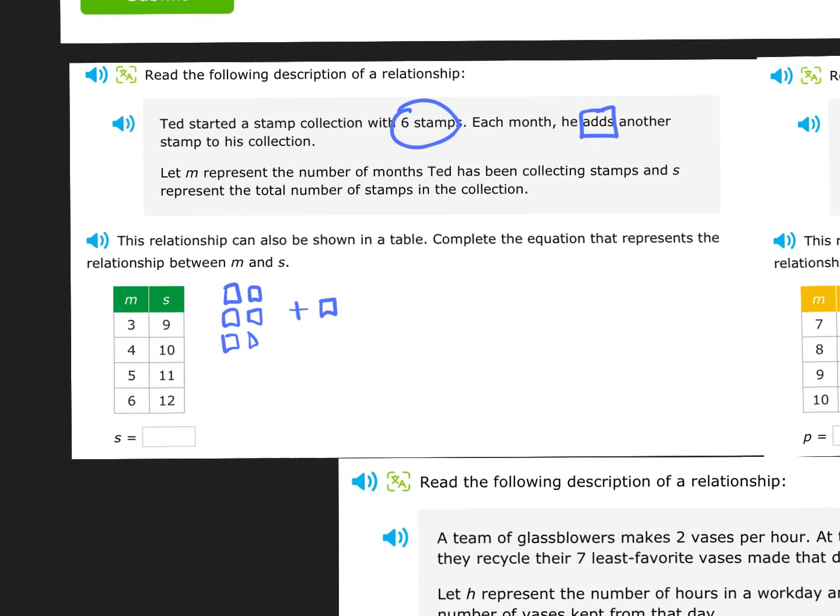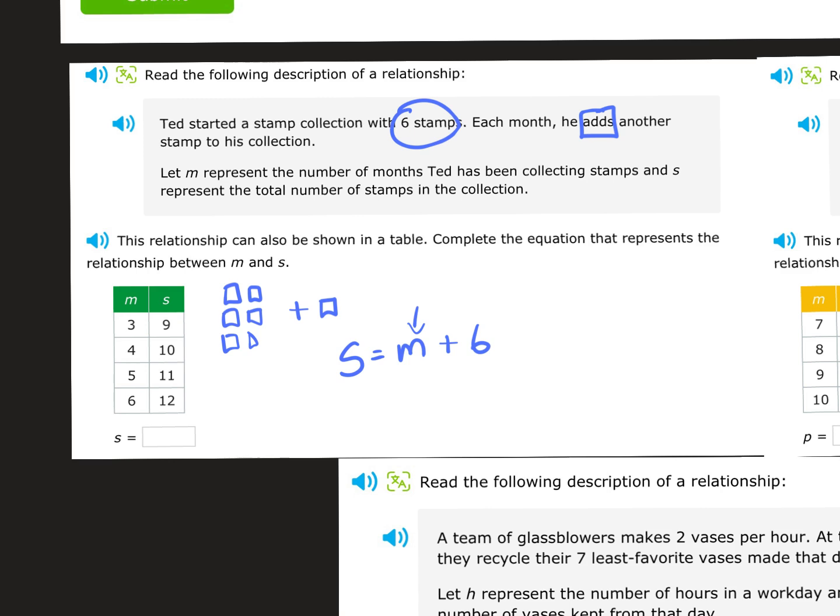So we have to represent the relationship between M and S. So we have S is equal to the letter M plus 6, because he adds a stamp, plus 6. The 6 is his starting point, so this will never change.